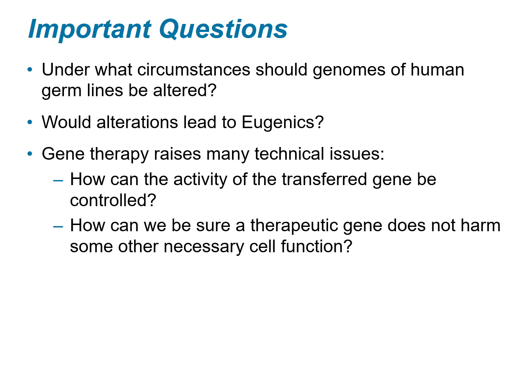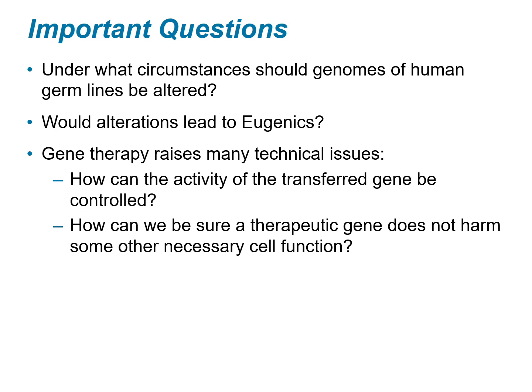In terms of gene therapy, right? There are some questions that are raised in terms of technical issues. How can the activity of a transferred gene be controlled to make appropriate amounts of the gene product at the right time and place? You do not want to produce too much of the gene product. You want to make sure that it's produced at the right time, in the right location.